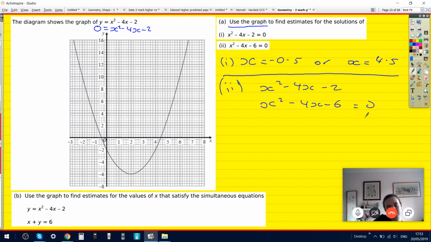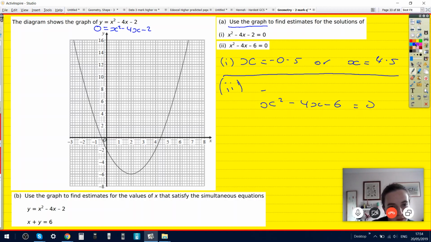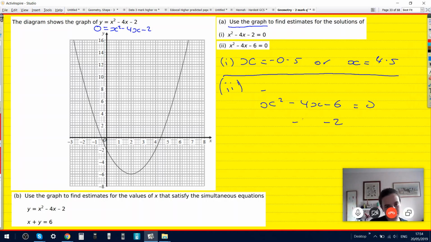What do you have to do to minus 6 to make it minus 2?